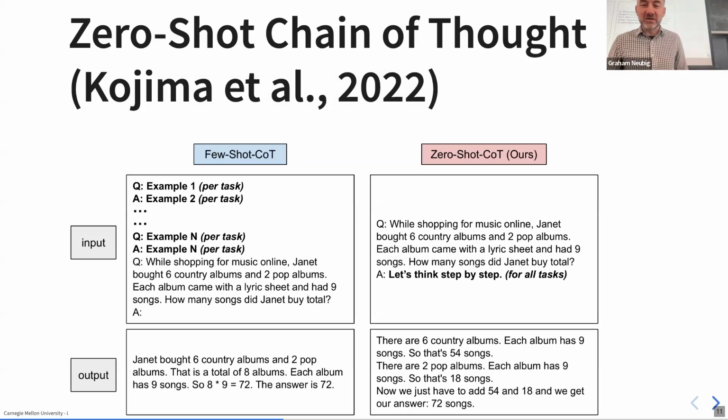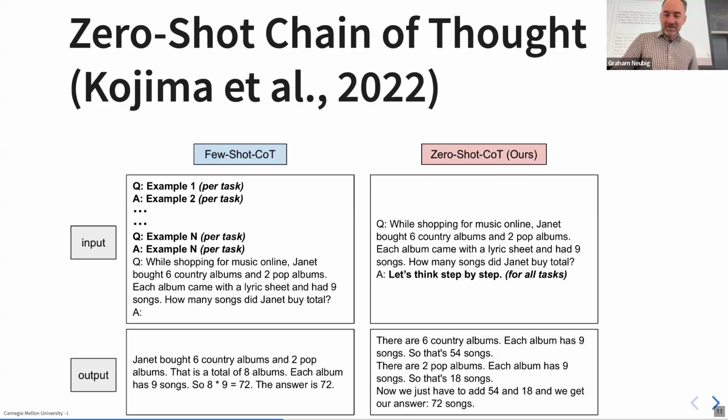It demonstrated zero-shot chain of thought, where instead of providing per-task examples of how reasoning should happen, they just said "let's think step by step" as the prefix to the answer. And that was enough to encourage the model to do chain of thought reasoning.